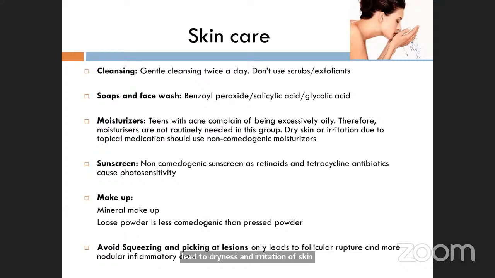So to combat that irritation, you may need a moisturizer. Since the skin is towards the oily skin type, we have moisturizers for dry skin also and for oily skin also.